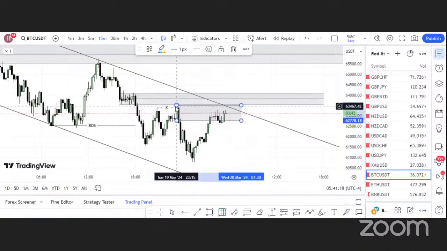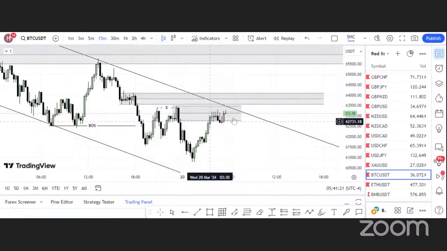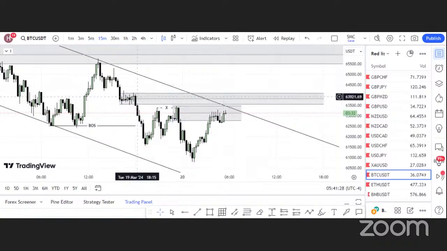Okay, so we also have a zone here on the lower time frame. Let's see if the market is going to respect this, or if it's going to go up to respect the one we had earlier.